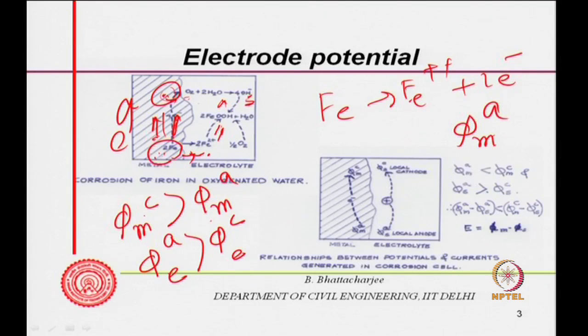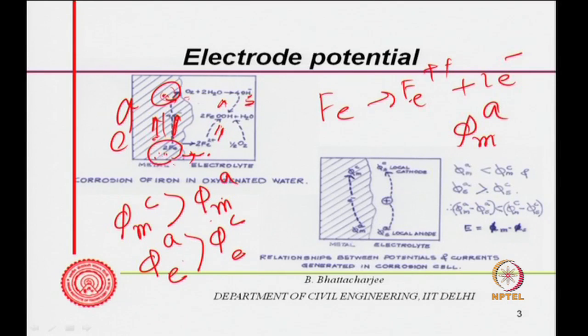So, the potential in the metal at the anode is less than at the cathode, and in the electrolyte the potential at the anode is greater than at the cathode, because the Fe ion is moving along this direction and the electron is moving along this direction.